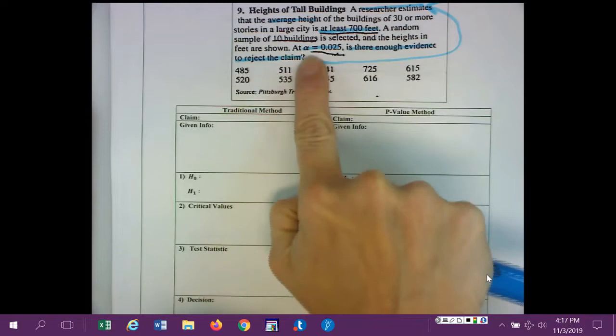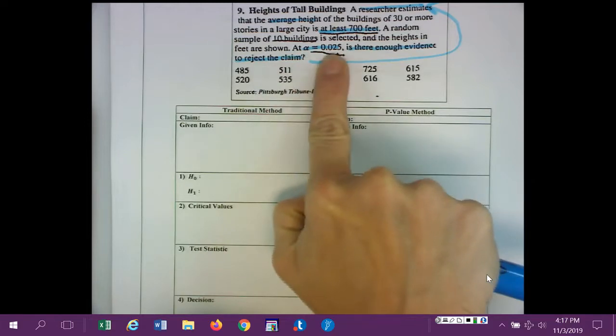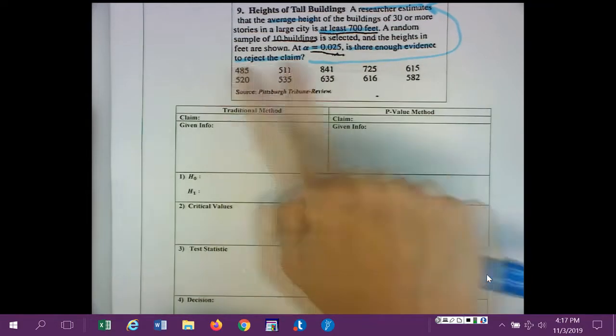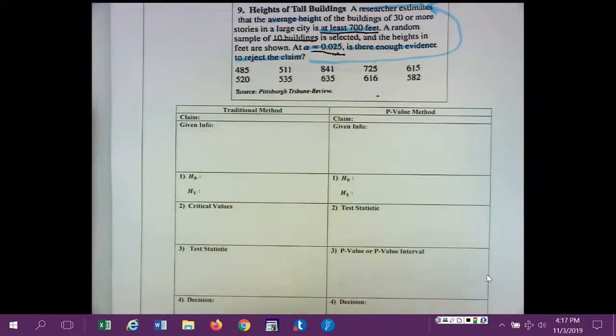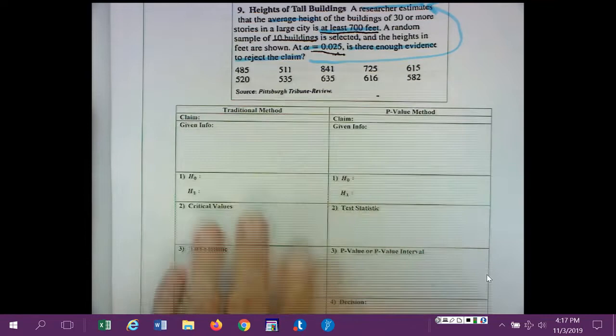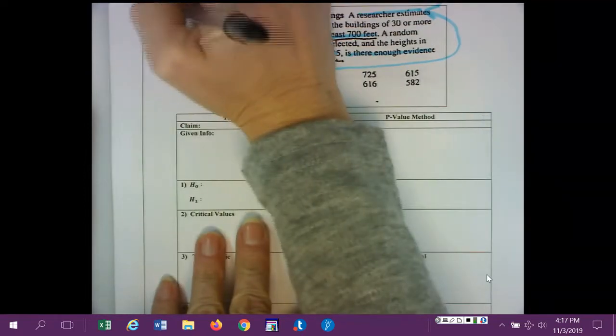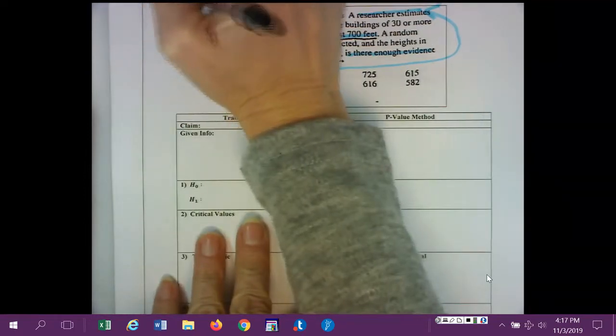It just point blank says at alpha equals 0.025, is there enough evidence to reject the claim? What claim? The researcher. So this is that rare example where what your claim is and what you're testing is your first sentence and it's also your last sentence.